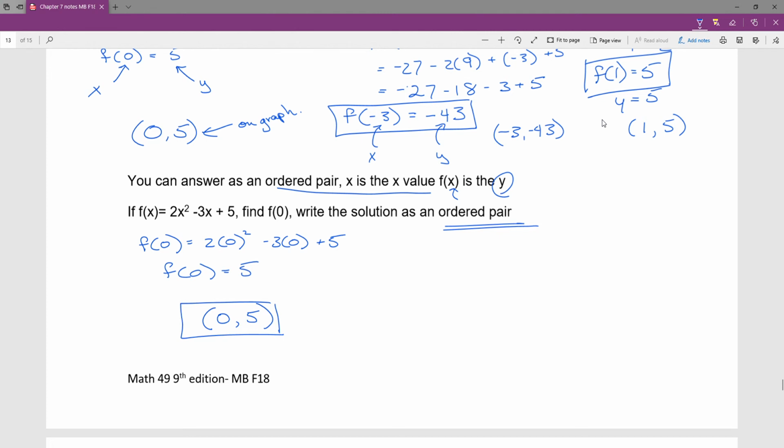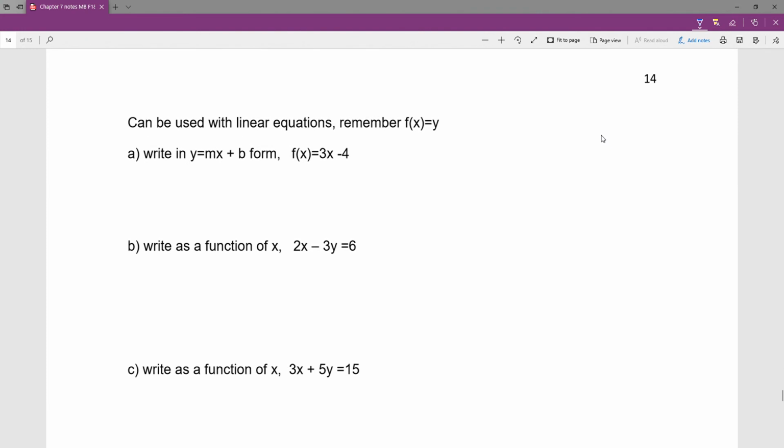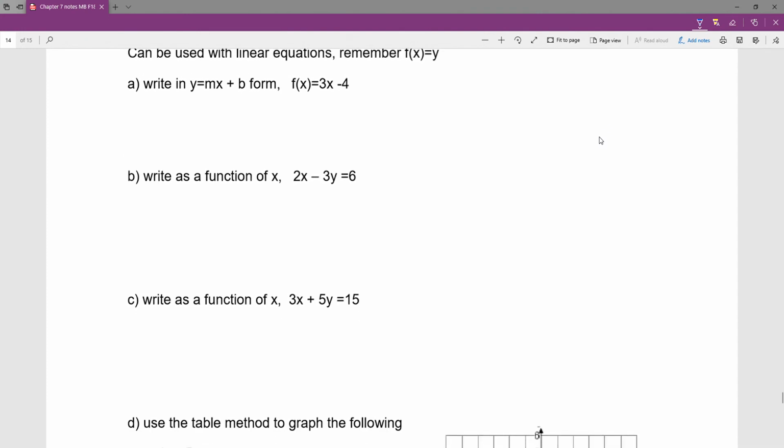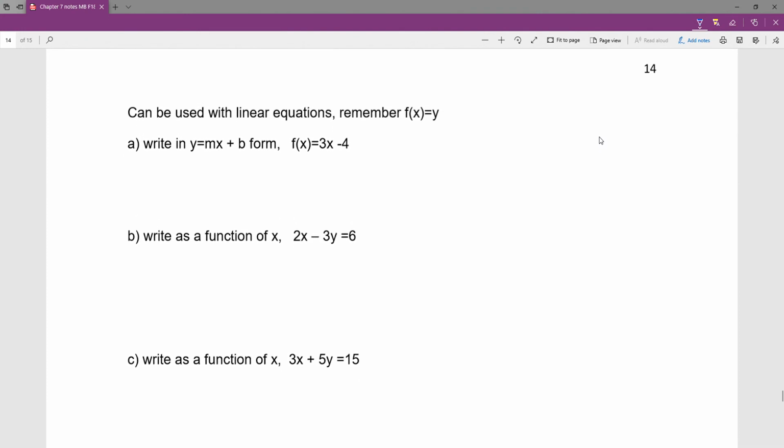So f of 0, or we could say that y equals 5, and that 0 in there is your x. That's how you can pull the information out of function notation. So we'll just play with these a little bit more on the next page. It can be used with linear equations, so you remember that f of x is y. That's the real summary here.